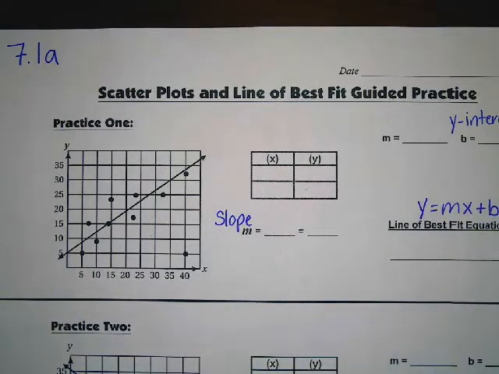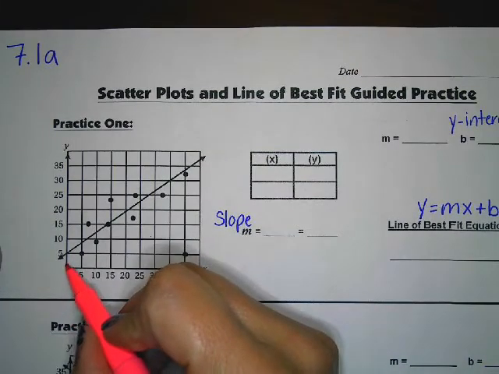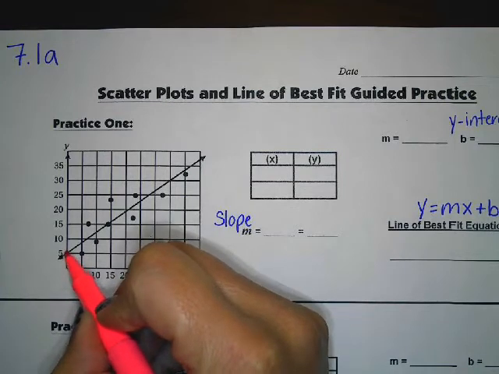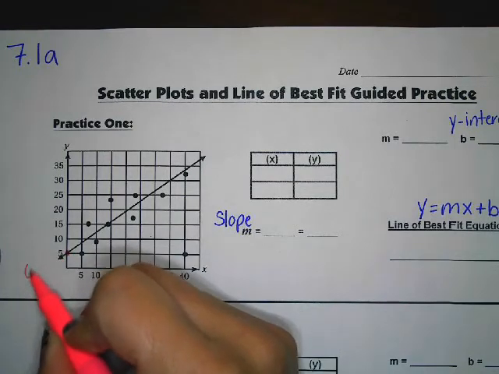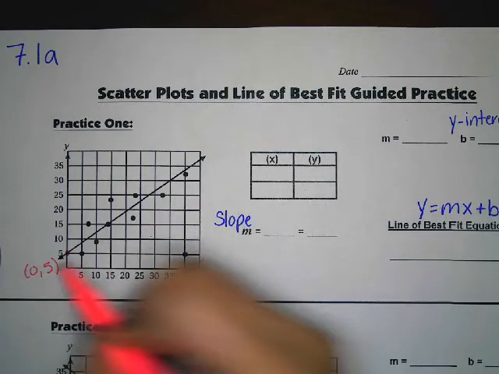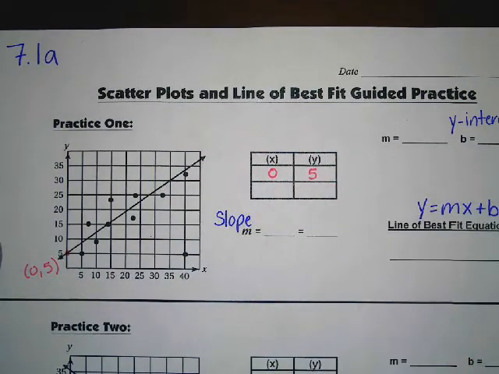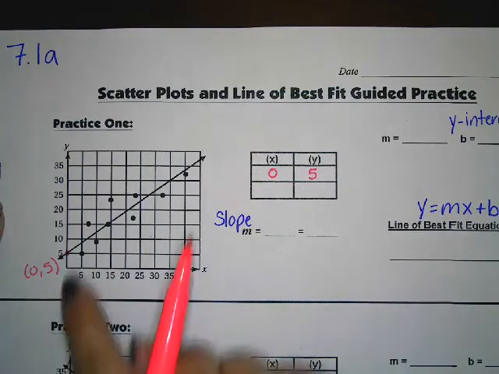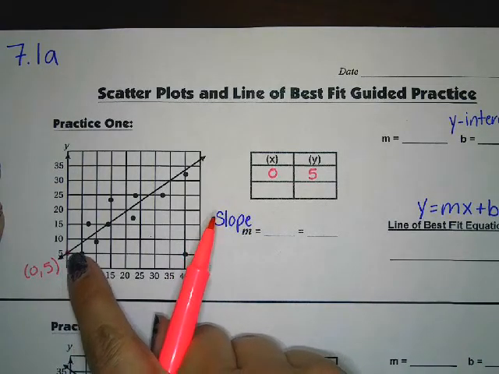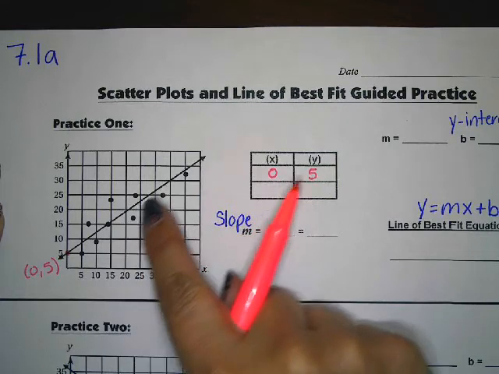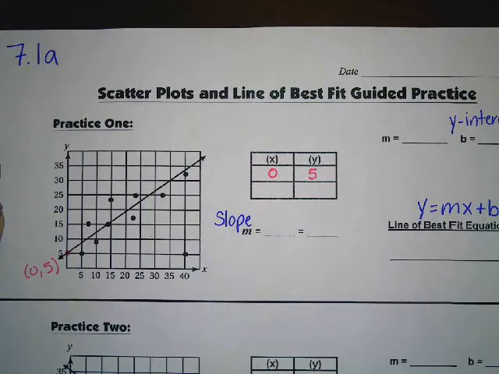So the first thing we're going to do is identify our points from our graph. We always want to start with the y-intercept, which is right here. So that point is 0, 5. That's going to be the first point we put into our table. The next thing you're going to do is go along this line until you come to a point that you're going to include in your chart.